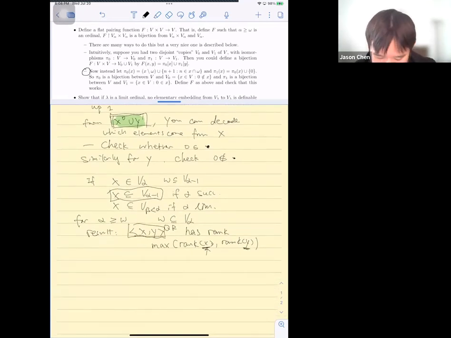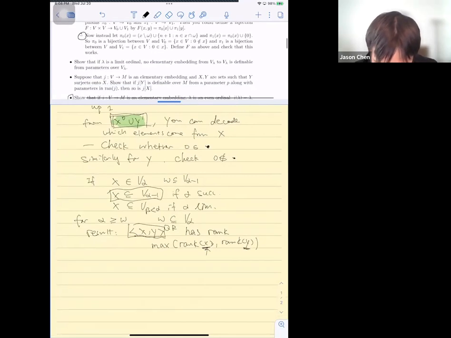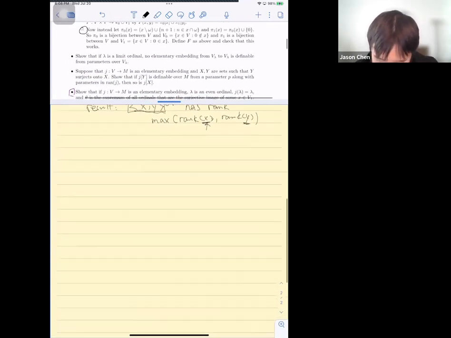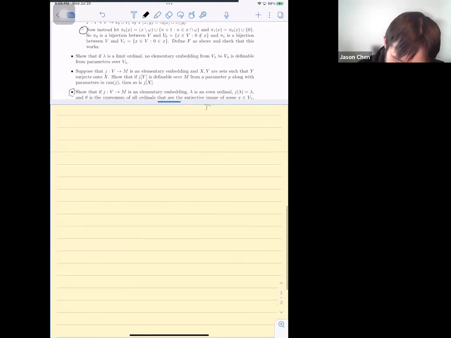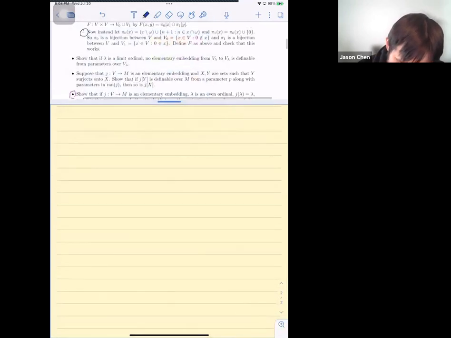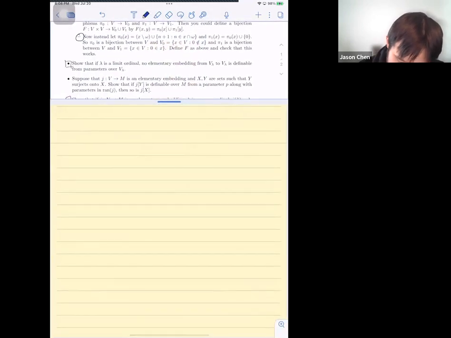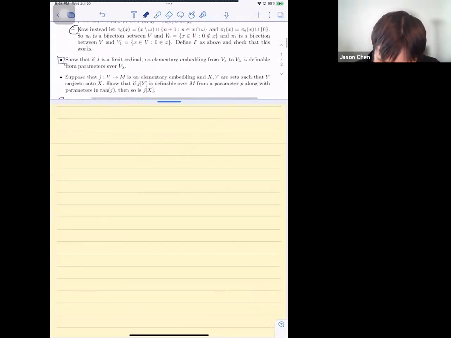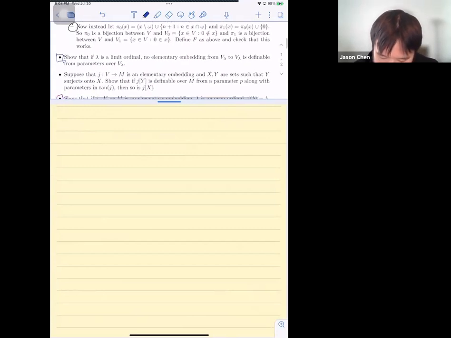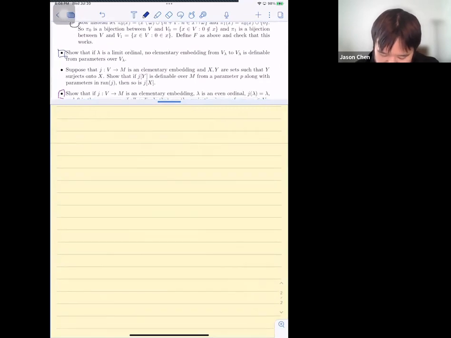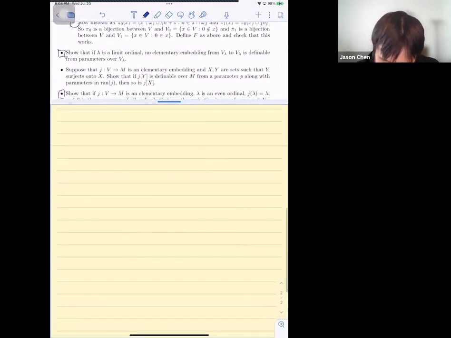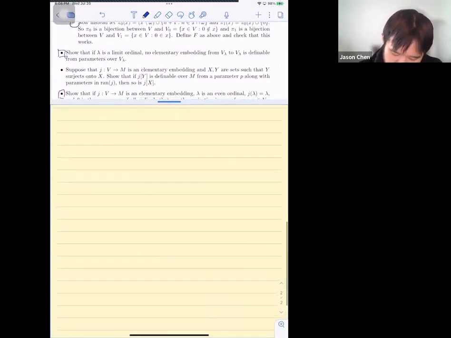All right. And let me move to something that's perhaps more interesting. This second problem is similar to Suzuki's theorem and uses a very similar trick.